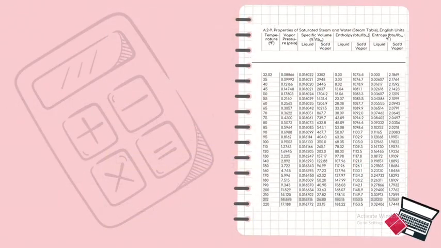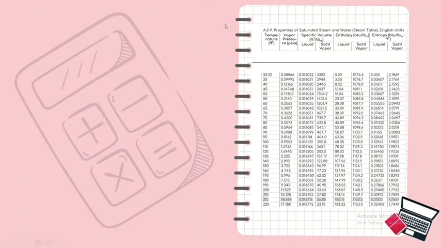Now let's proceed in solving the overall heat transfer coefficient U. First things first, we have to take note of the different values that we'll be needing in solving the overall heat transfer coefficient. One would be its enthalpy. So we have to look for a table that has the properties of saturated steam and water.